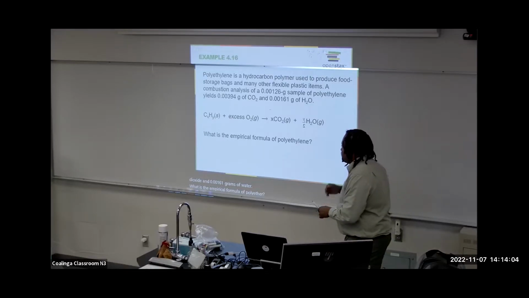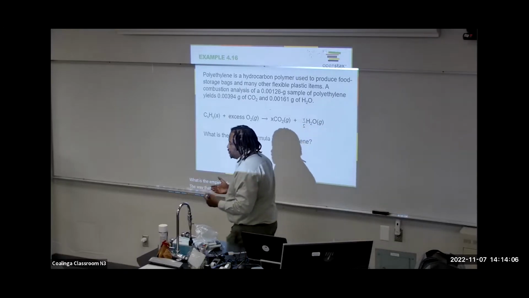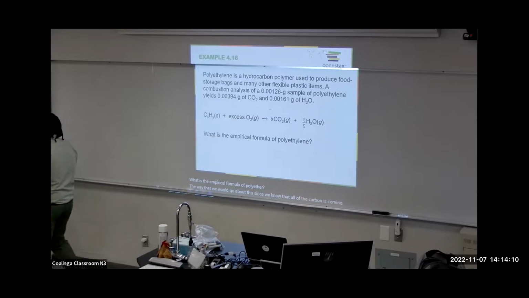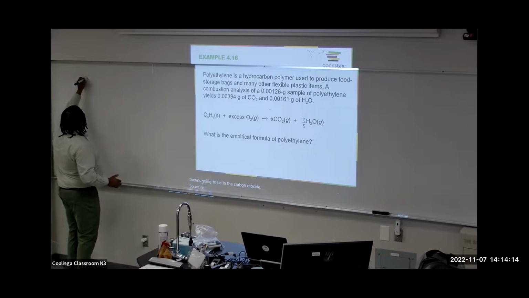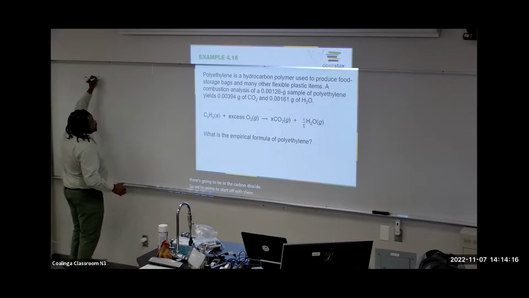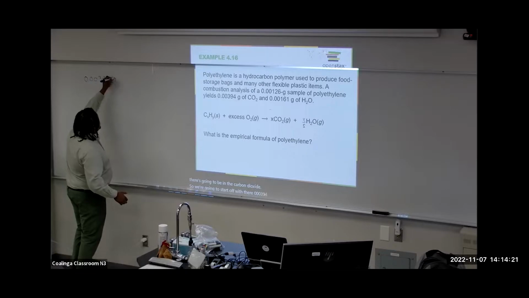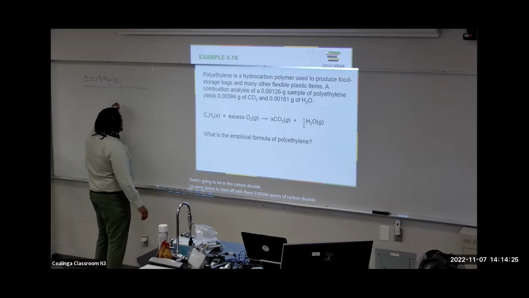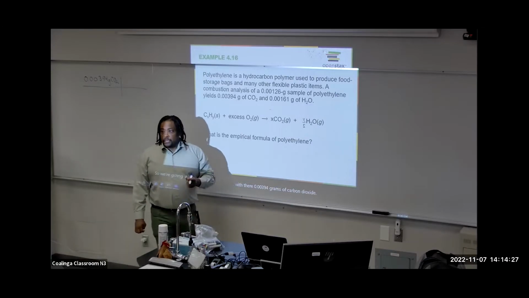So the way that we would go about this, since we know that all the carbon is coming from the carbon dioxide, we're going to start off there. 0.00394 grams of carbon dioxide. You guys remember any of this?